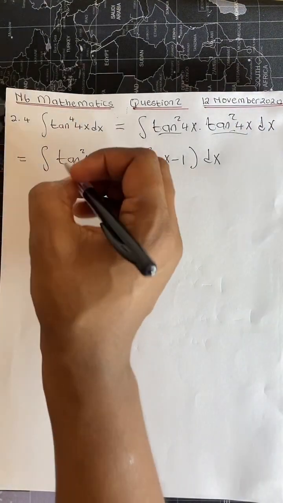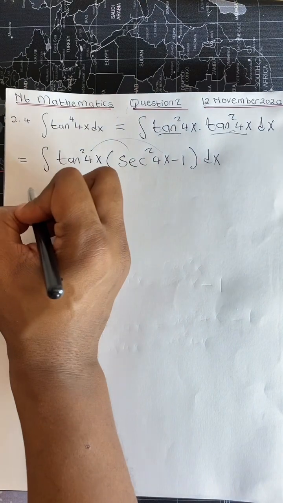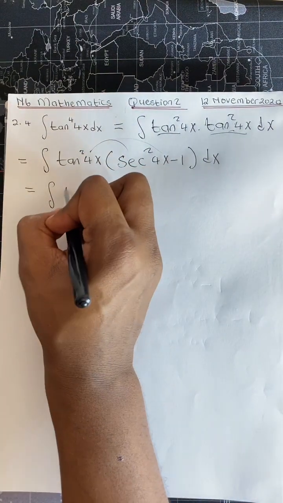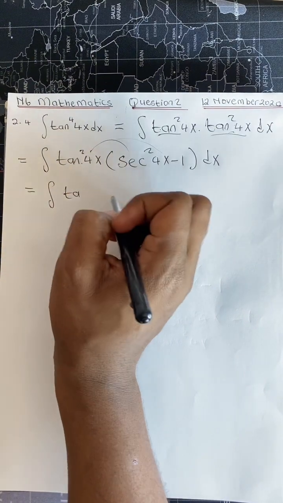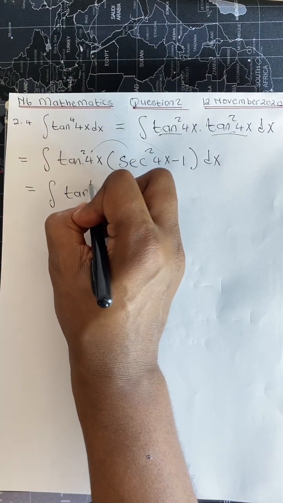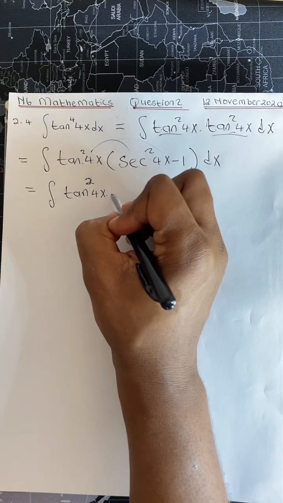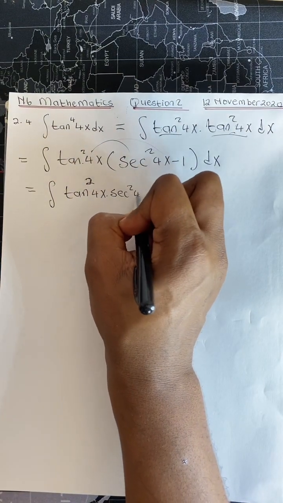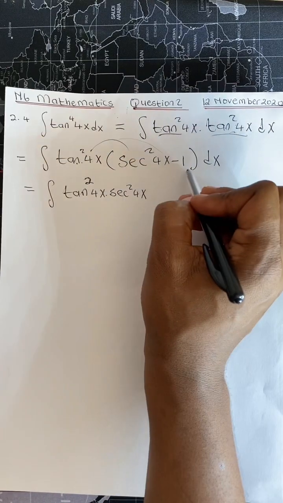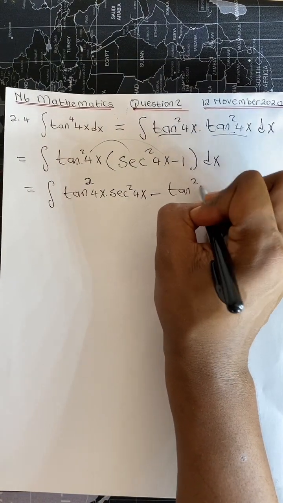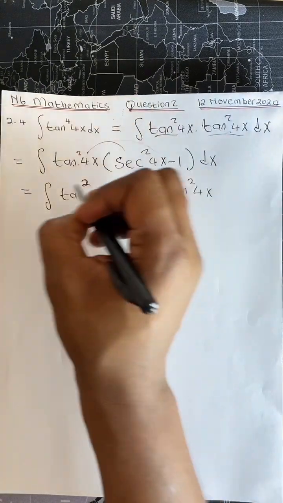Let's distribute the tan squared 4x inside the parentheses. So tan squared 4x multiplied by sec squared 4x, and tan squared 4x multiplied by that negative 1 will be negative tan squared 4x.